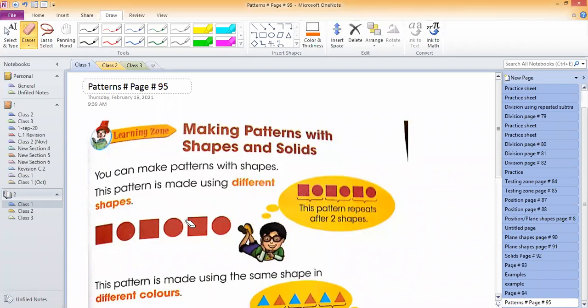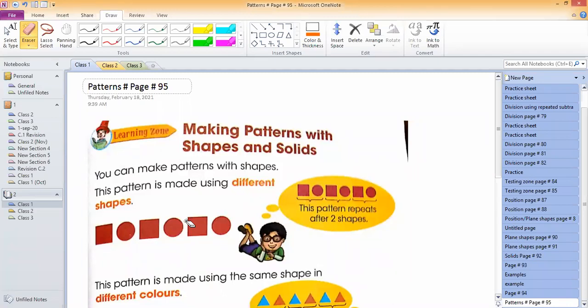Guys, you can form a pattern with the help of shapes, colors, size. So you can make patterns of shapes, solids, and colors.